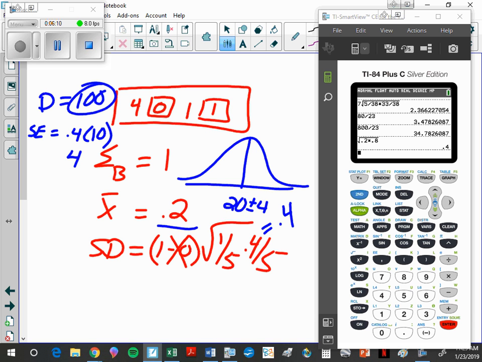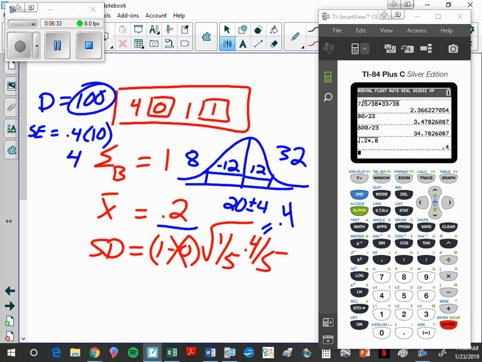So I want to know the chance that I earn between 8 and 32. Oh, how nice of them. Why is that nice? It's 3 SEs. This distance is 12, and this distance is negative 12.